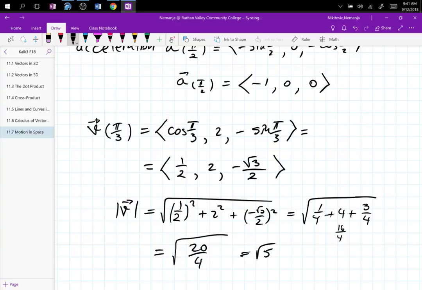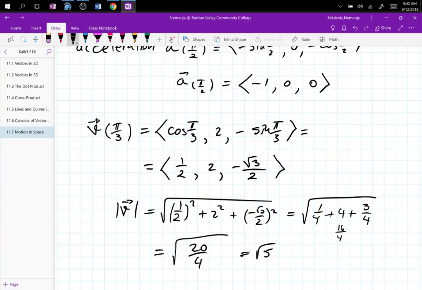You cannot escape that. You have a constant speed of root 5, so every single velocity vector at any instance in time must be such that its magnitude is root 5.